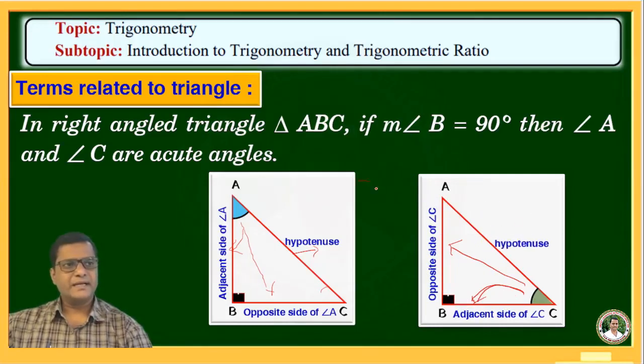Means in right angle triangle, angle A and angle C are the acute angles and angle B is a right angle. And hypotenuse means what? The opposite side of the 90 degree or right angle is called the hypotenuse.